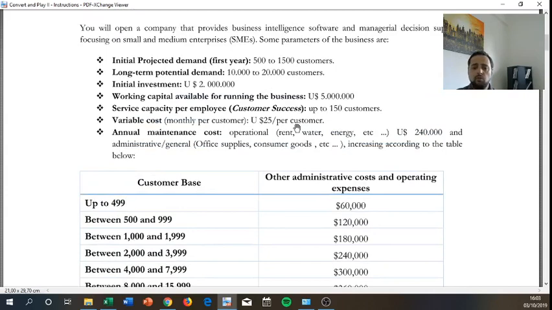You don't need to worry about these numbers because everything is prepared in the Excel file. The only thing you need to do is to make your decisions, and automatically the software will try to estimate the demand based on your assumptions, and all the costs will be projected based on your decisions.